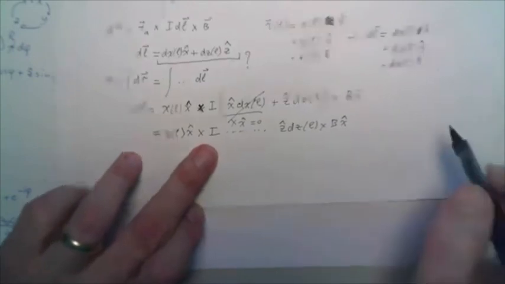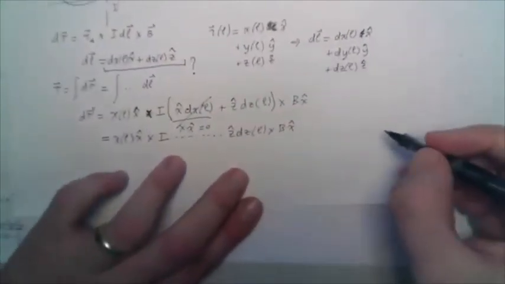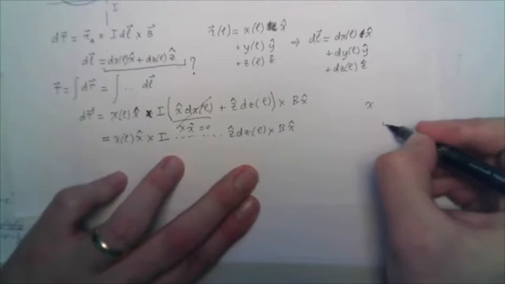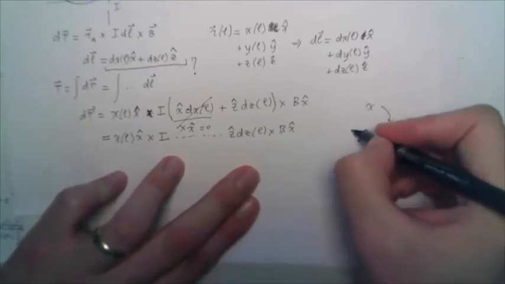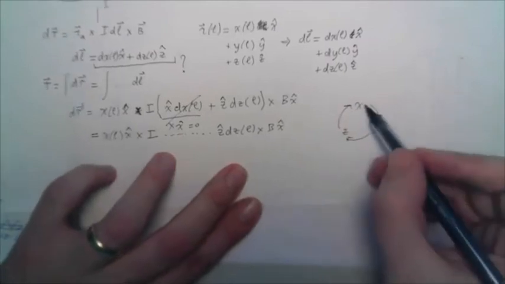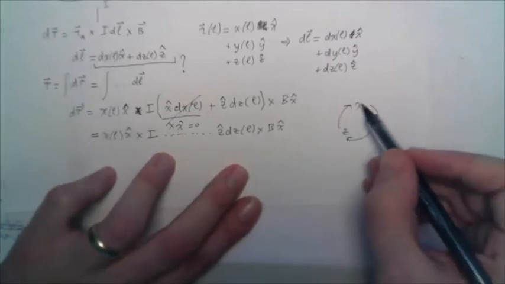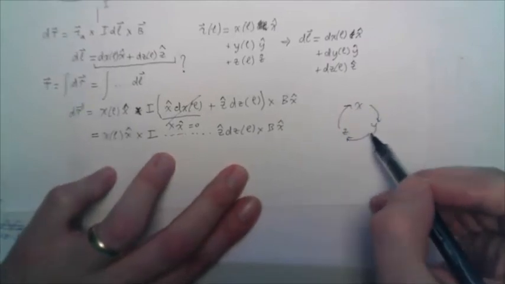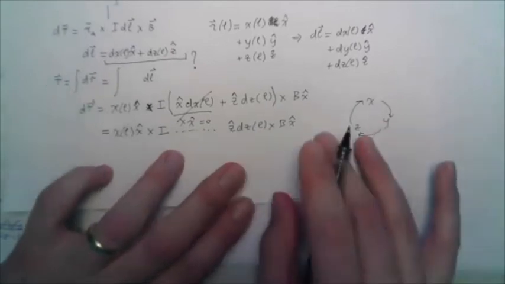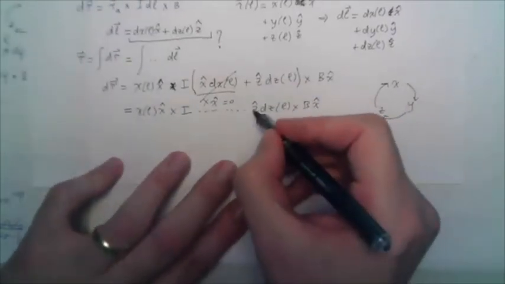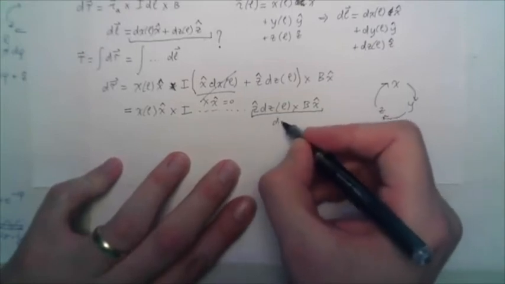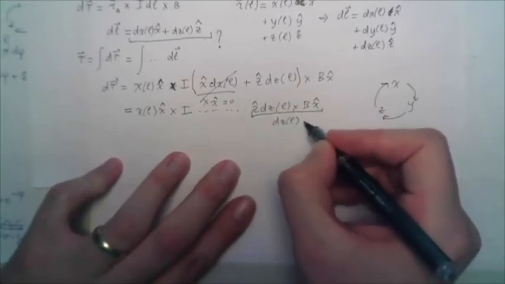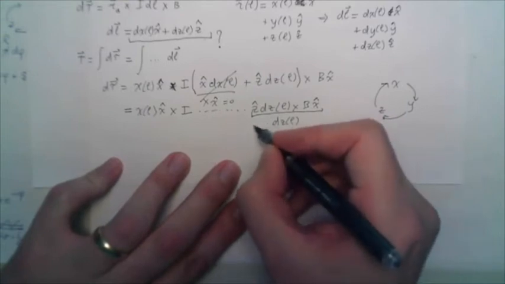Okay, z cross x, so there we go, z cross x, so x, y, z. We go in this direction, x cross y is z, y cross z is x, z cross x is y. So z cross x is y. So this becomes dz of L times B times y hat.